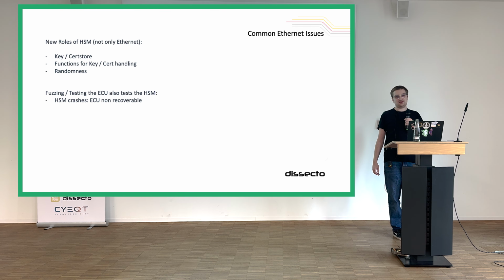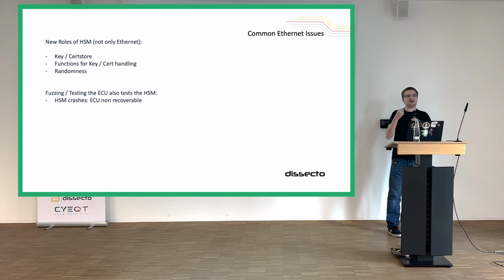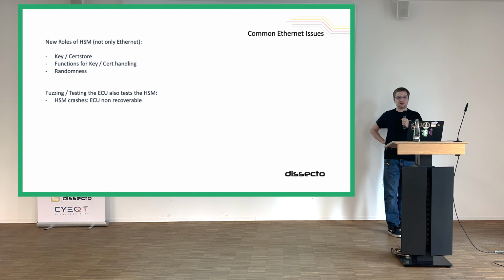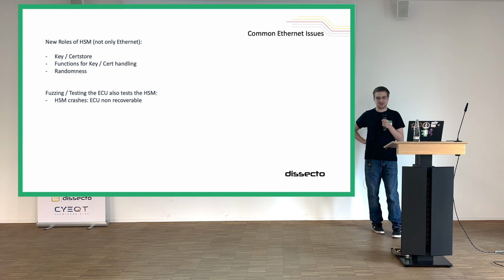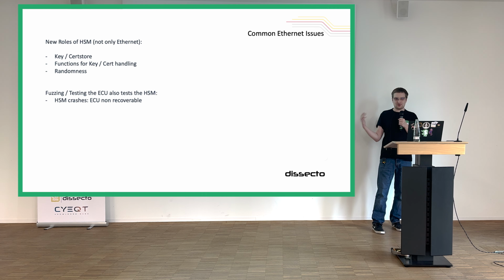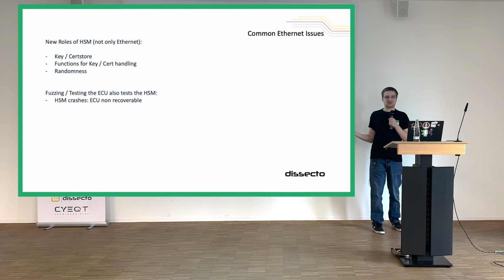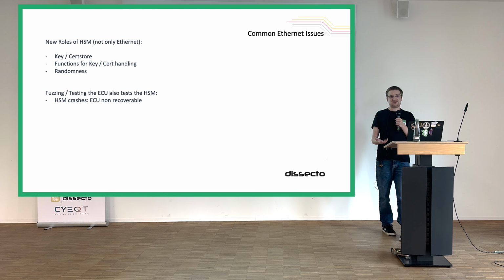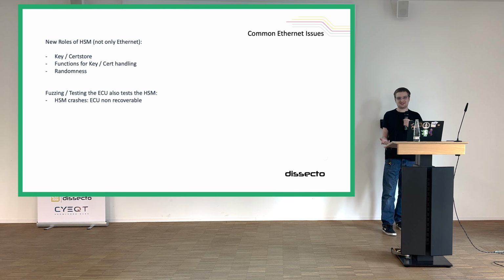Another crashing issue: for example, if you use flooding, there are a lot of attacks that can lead the ECU to crash. But for safety reasons, some ECUs have a crash counter. If that crash counter is exceeded, they say, okay, I'm broken, I turn off my main functionality, I need to be exchanged. If you can trigger this, for example with a flooding attack, you can persistently destroy an ECU because it thinks it's broken.